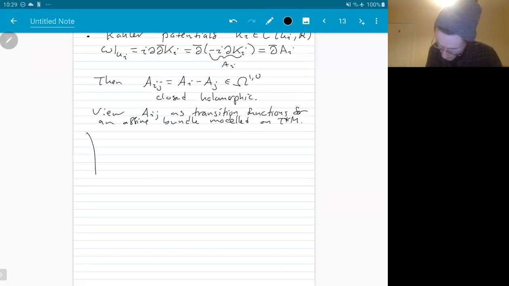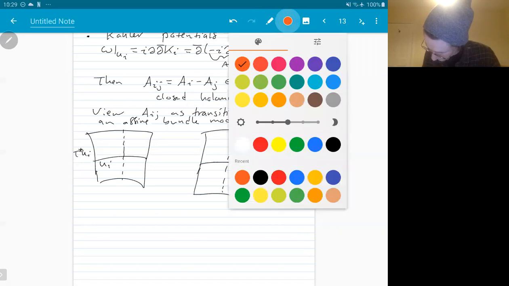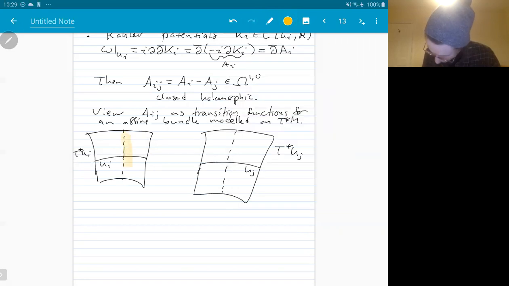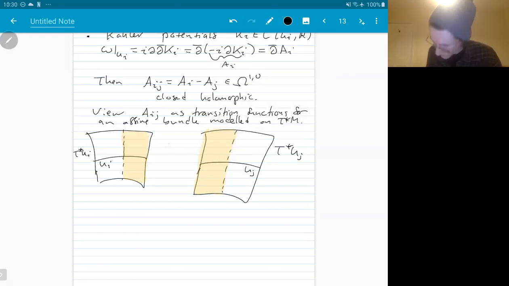So if we draw a picture of what's going on, here we have a piece of the cotangent bundle. So this is like T* of U_i. We have another piece, T* of U_j. And then we have the overlap region. So it's a transition function.